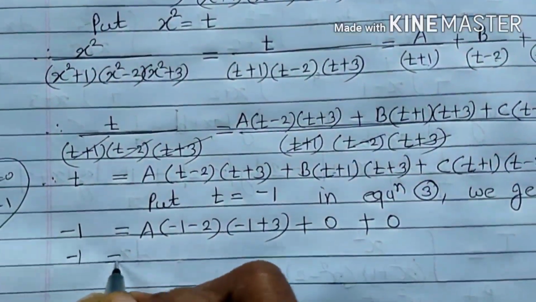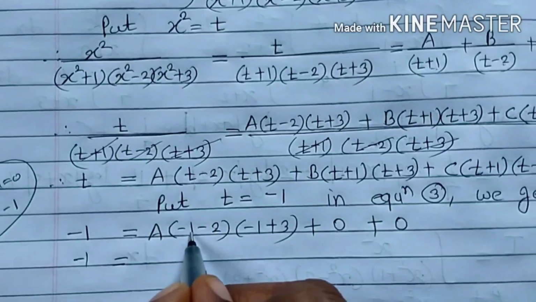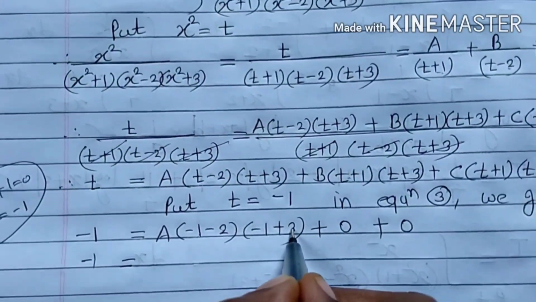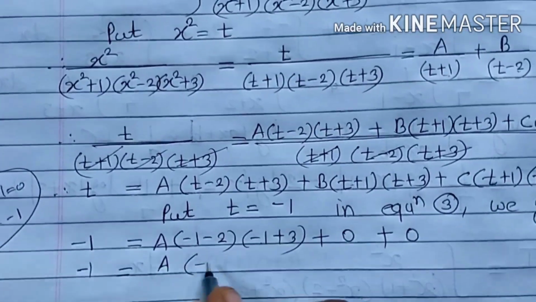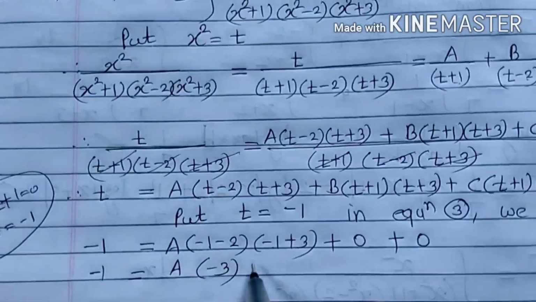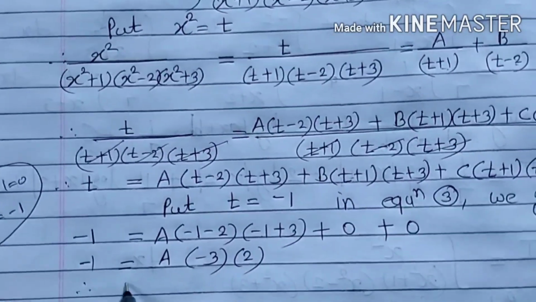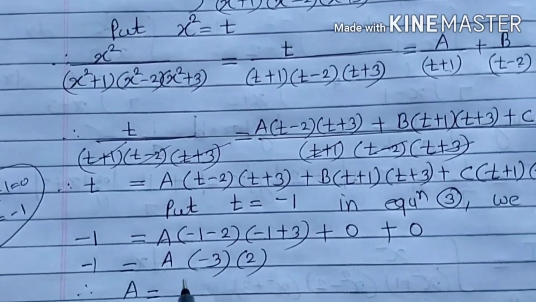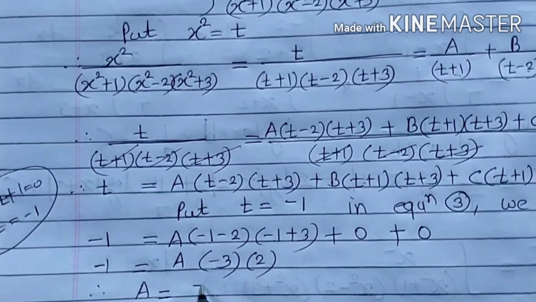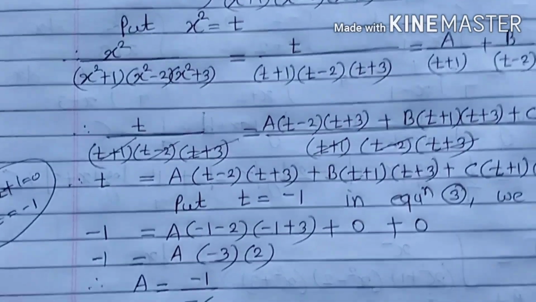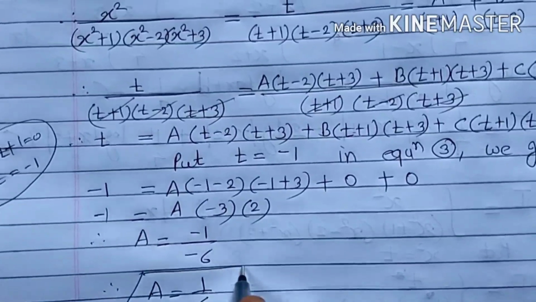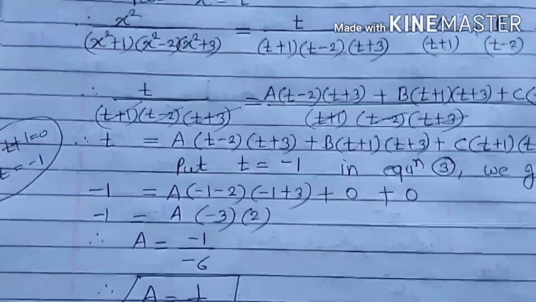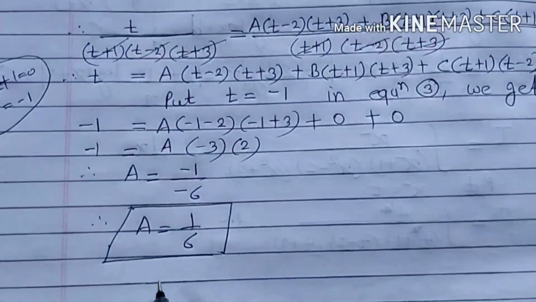So minus 1 is equal to a into (minus 2 minus 1) which is minus 3, and minus 1 plus 3 is 2, so minus 6. Therefore a is equal to minus 1 upon minus 6. So a is equal to 1 upon 6. This is the value of a.